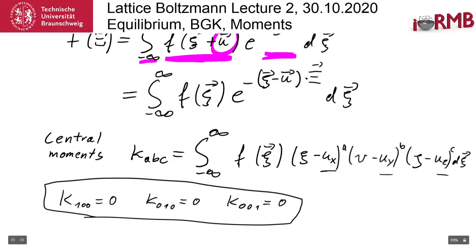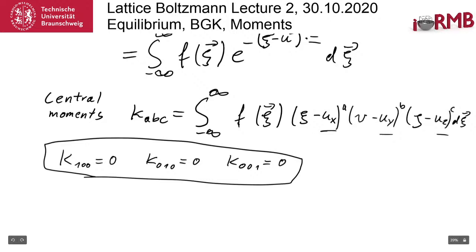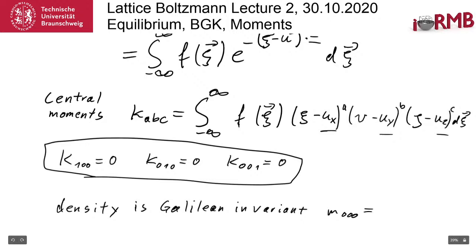They agree in just one moment. Density is, as we say, Galilean invariant. So M00, this is the density. The zero moment is K000.